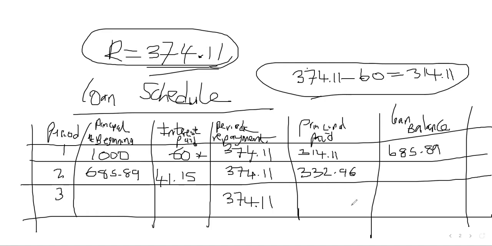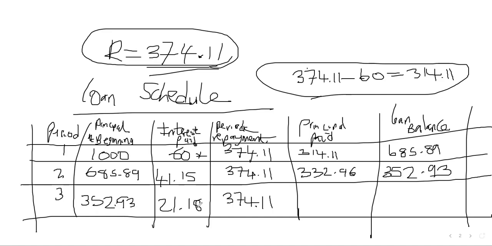So we are going to say now 685.89 minus the answer there, so you're getting 352.93. So this one is a balance which will come here. Okay, then multiply this one by 0.06. The interest you've paid is only 21.18.